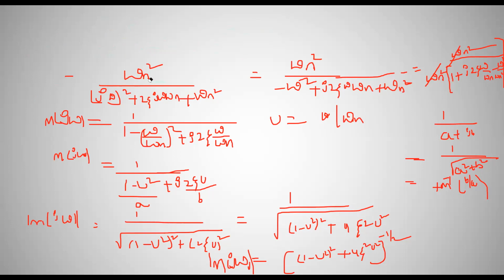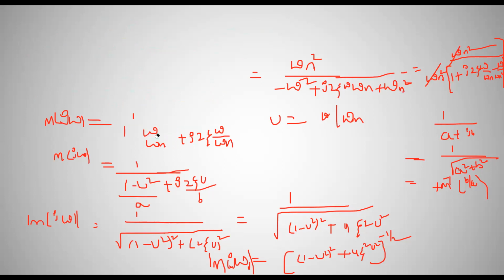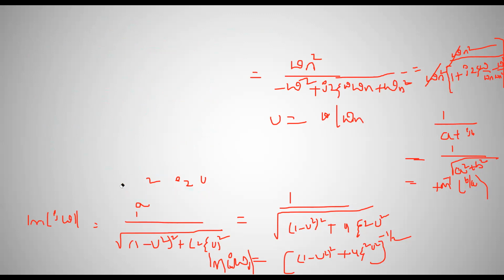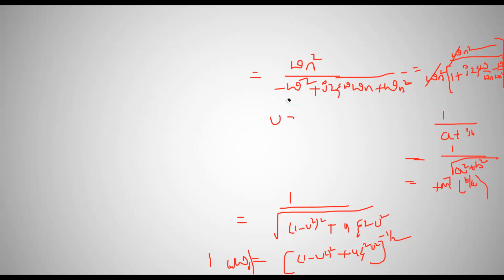Resonant peak means the maximum magnitude in the closed loop transfer function. So the maximum magnitude that occurs in the closed loop transfer function is called the resonant peak. What is the condition for the resonant peak? The condition for the resonant peak is d M by d u equal to 0.